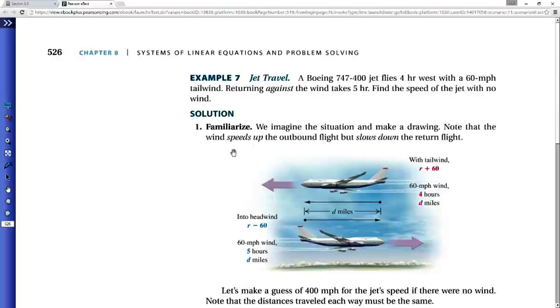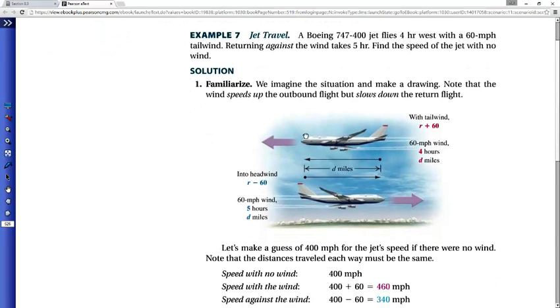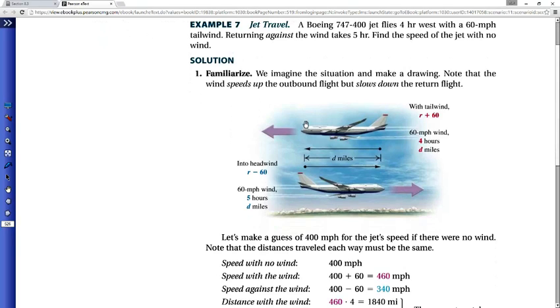Okay, I guess I just looked at the picture and assumed it was two planes, but this is one where it's going with the wind, and here's where it's coming back against the wind. So this is a nice picture. I don't think I would draw the whole jet airliner, but I could show a plane, and I could say when it's going this way, it has a tailwind, or the wind is in the same direction as the plane, and it speeds the plane up.